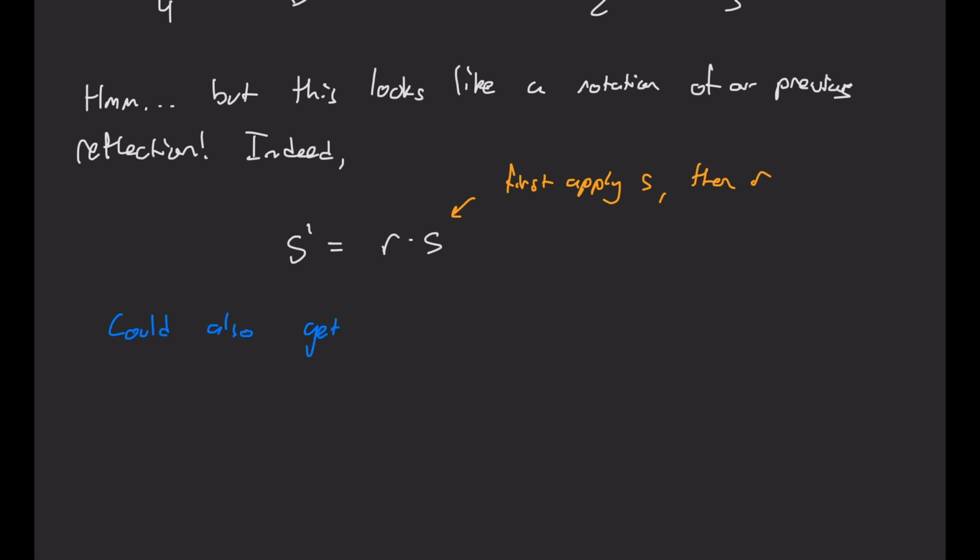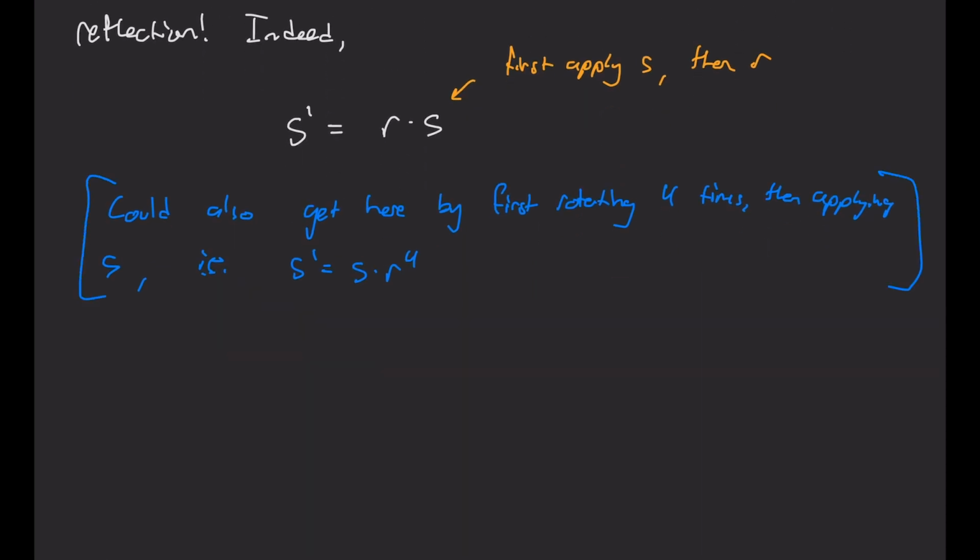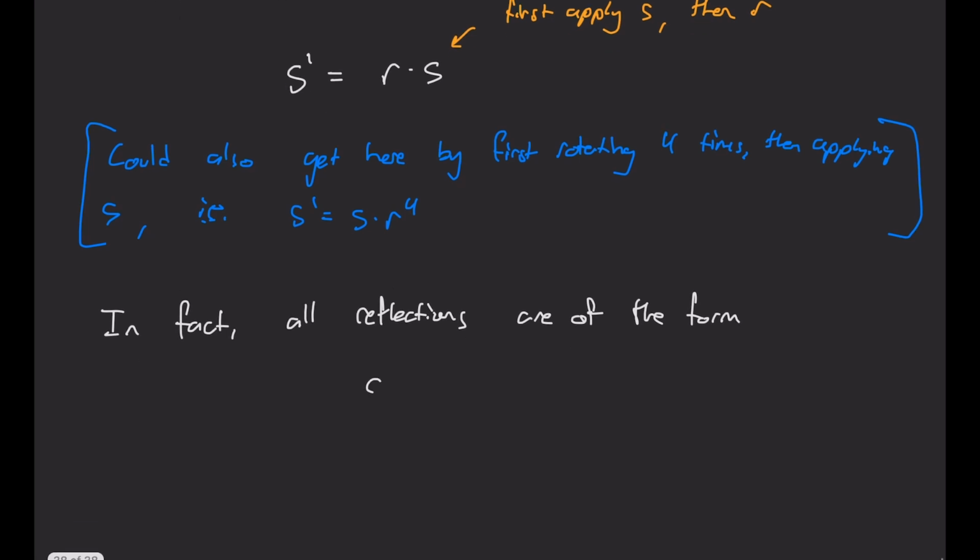Actually, we could also write this by first rotating 4 times and then applying S. So in fact, S prime is also equal to S times R to the 4. And in fact, any reflection that I want can always be written as our original reflection times R to the K for some K, which is remarkable.